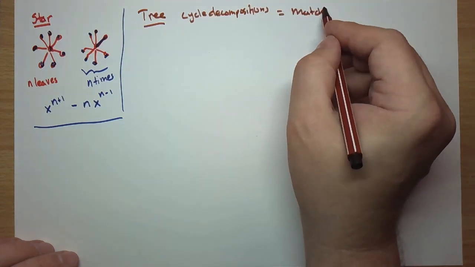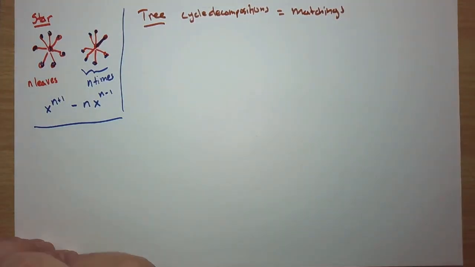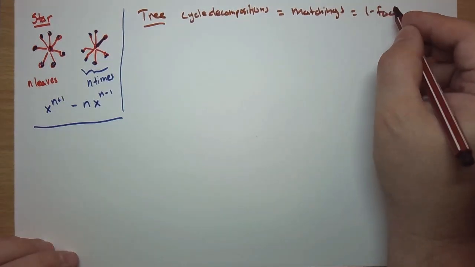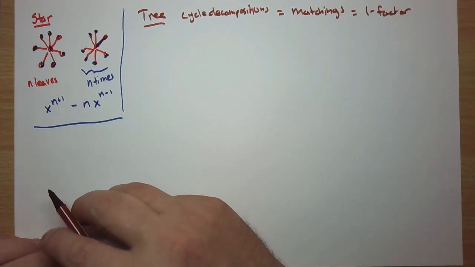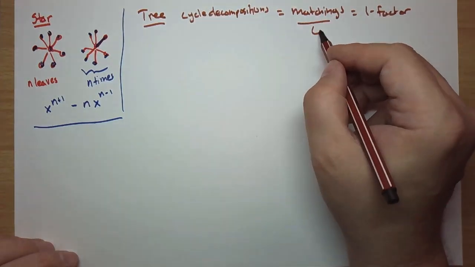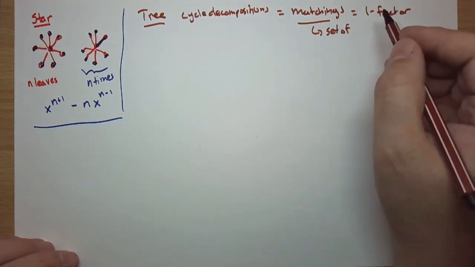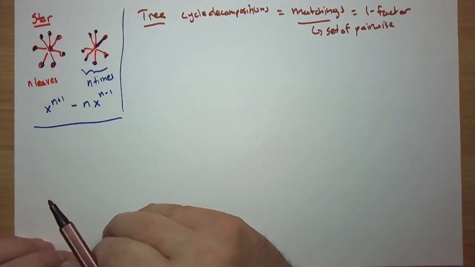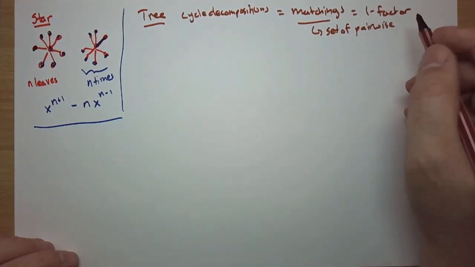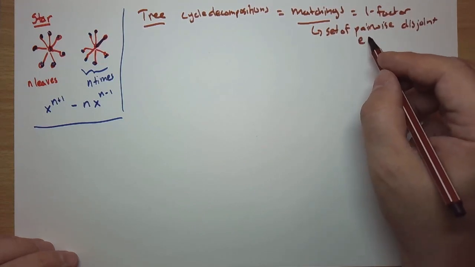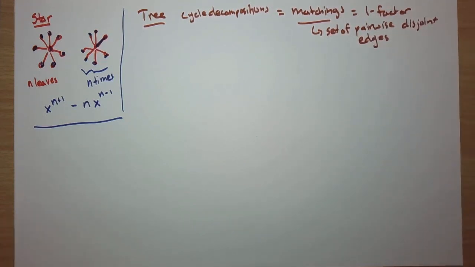A matching is a set of pairwise disjoint edges. Now, we do not need to have all edges involved, so we can use just some. We're not trying to maximize the number of pairwise disjoint edges.